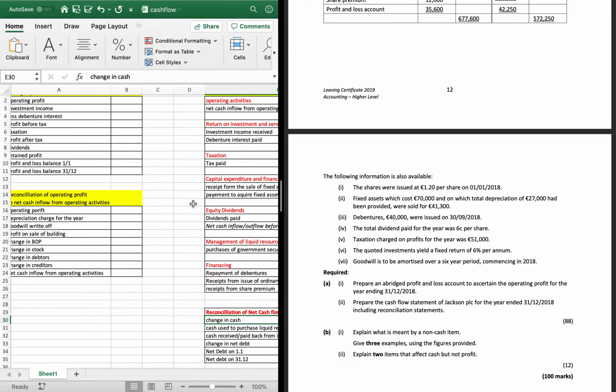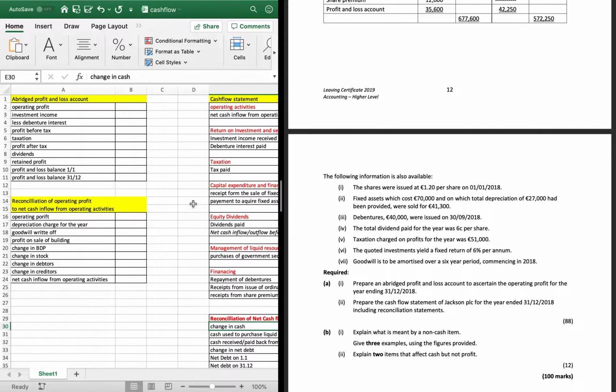So you have to go in order of the documents to a point. You can't do the reconciliation of operating profit to net cash inflow until you've done the abridged profit and loss account, and so on. You can't do the cash flow statement until you've done the reconciliation, and you can't do the reconciliation of net debt until you've done the cash flow statement.